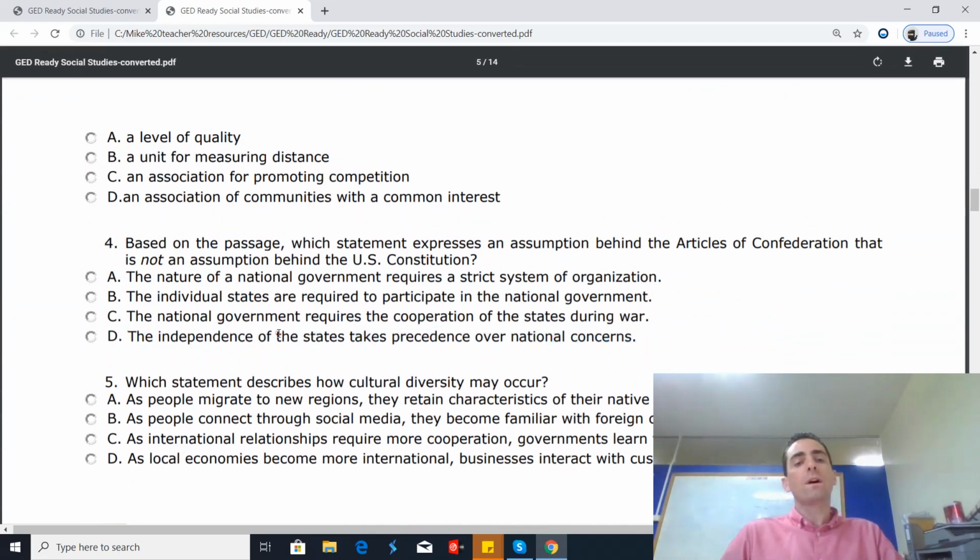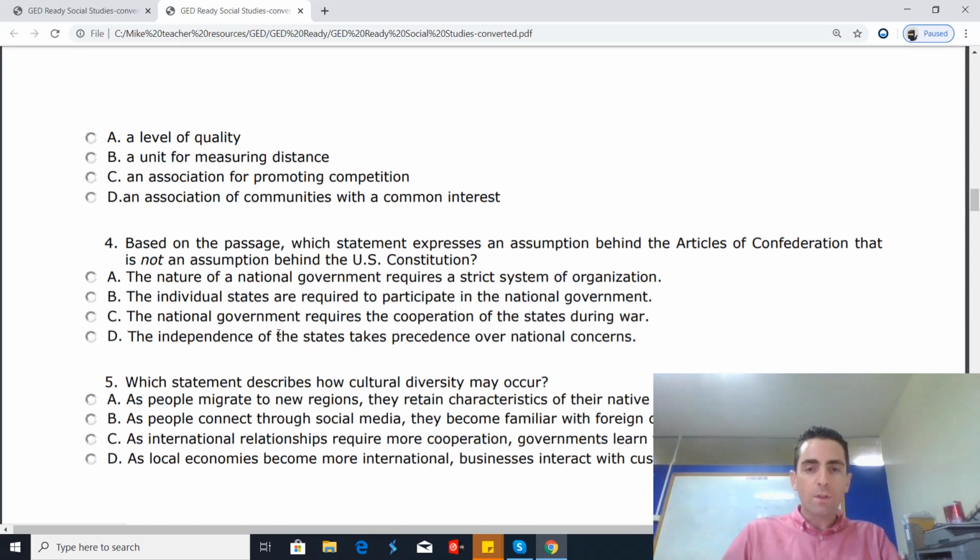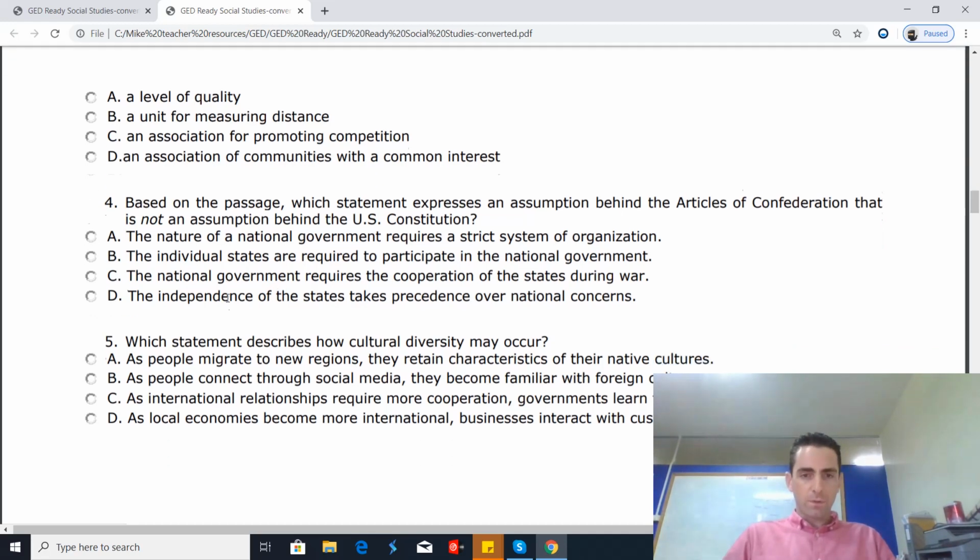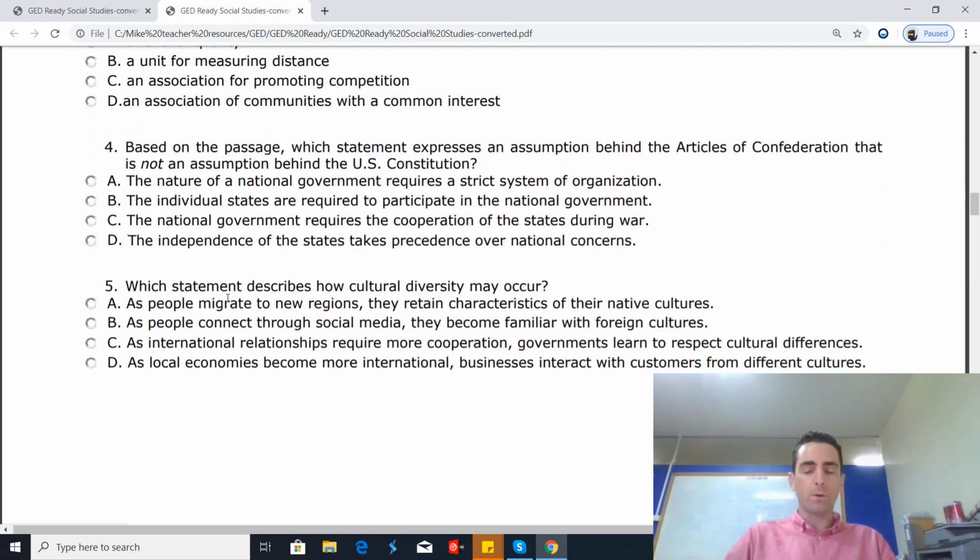Okay. 5. Which statement describes how cultural diversity may occur? Now, what does cultural diversity mean? Well, cultural diversity is when within a country you have a number of cultures that are different and distinct from each other.